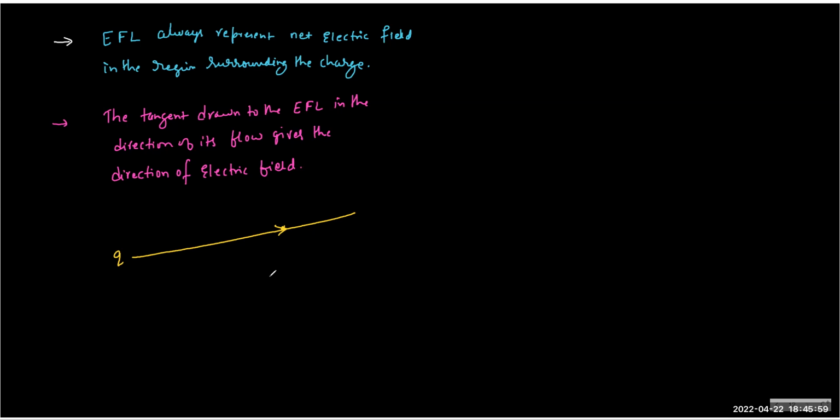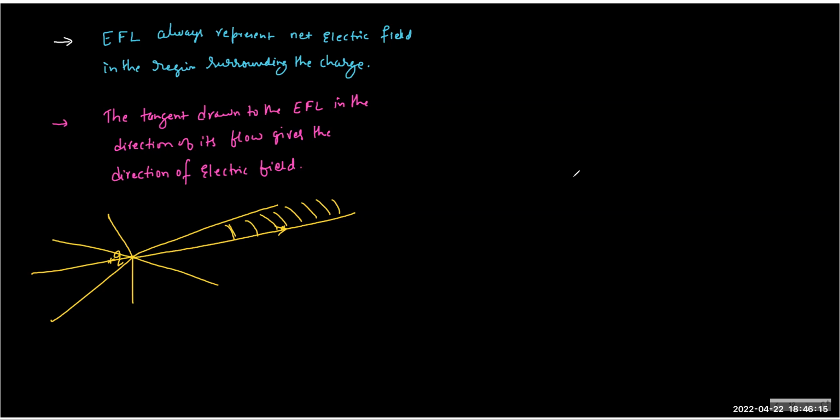So at a point, you can draw field lines due to the plus charge like this. You can clearly see as you go away, the gap will grow. They are getting divergent, so it means the field is becoming weaker and weaker.